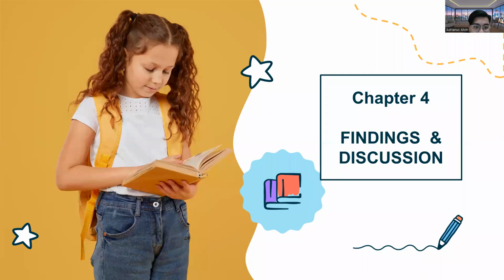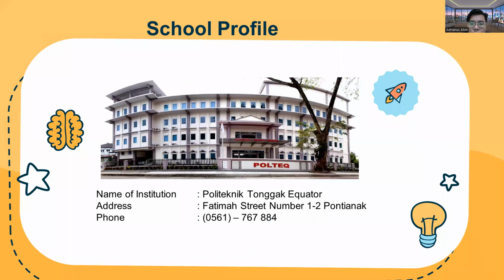And chapter 4 is findings and discussion. For the school profile, the name of the institution is Poltek, and the address is Fatima Street. Polytechnic Tonggak Equator is a private higher education institute under the Tonggak Equator Foundation.